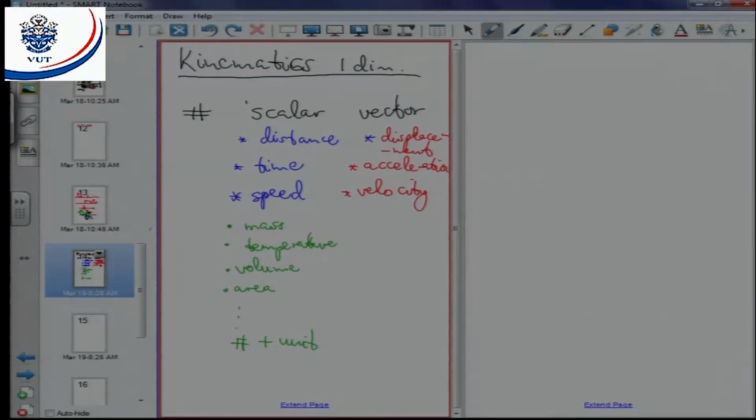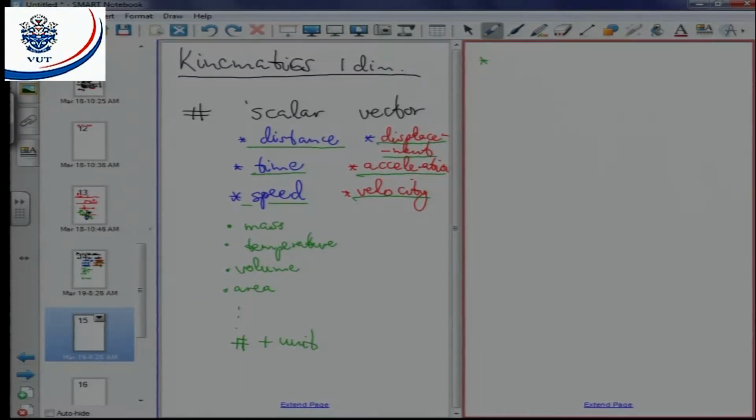So for today we are interested in studying distance, time, speed, displacement, acceleration, and velocity. Okay, so let's start with distance. There are different symbols that we use for distance. For example, when we speak of gravitational problems where a body is falling or is being thrown up, we normally speak of a height and we use h.